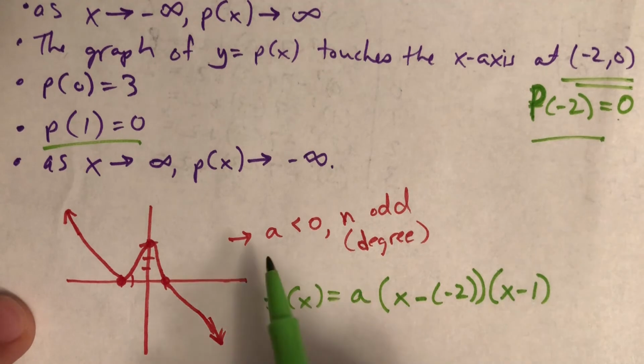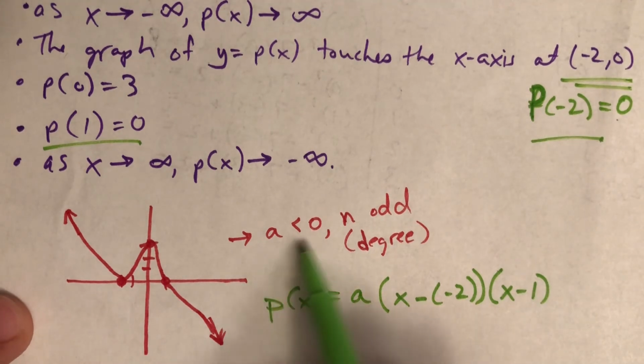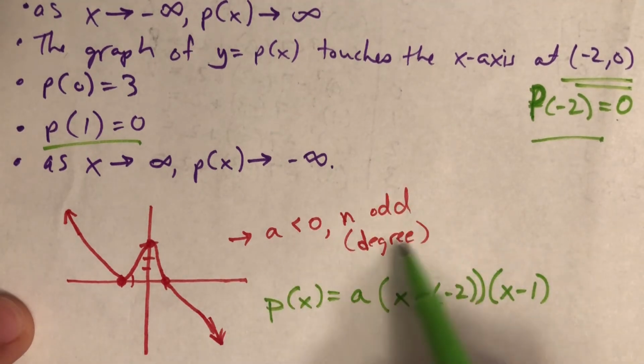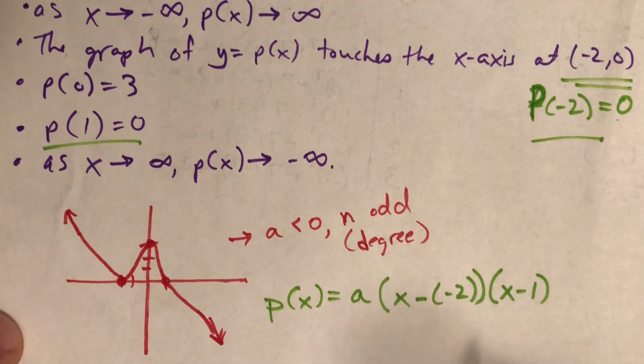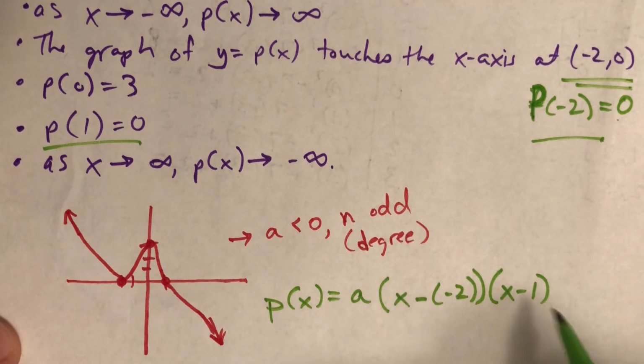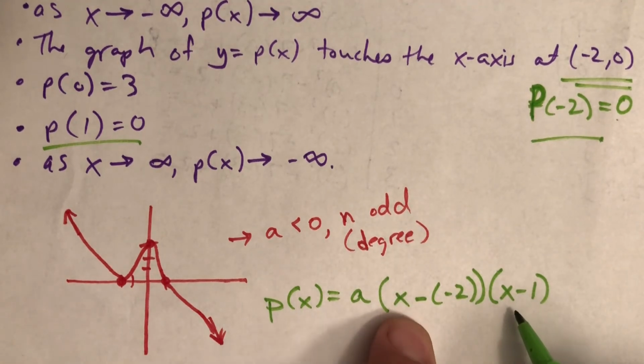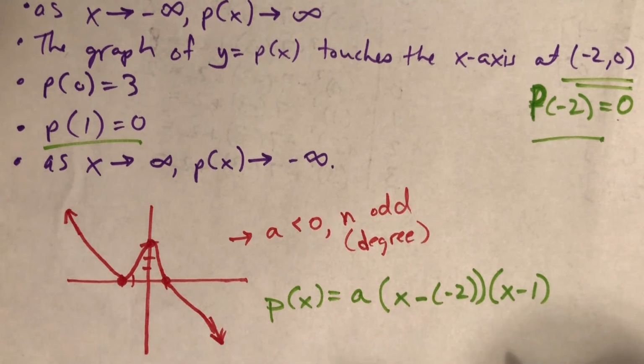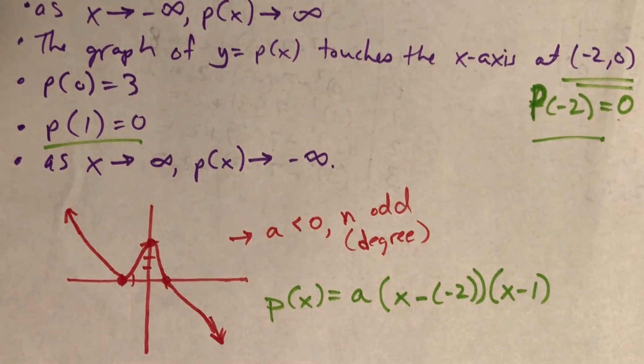We don't know what the leading number is yet, but if we multiplied everything out, we'd have x squared as the variable part of the leading term, and we wanted an odd degree. What are we going to do there?